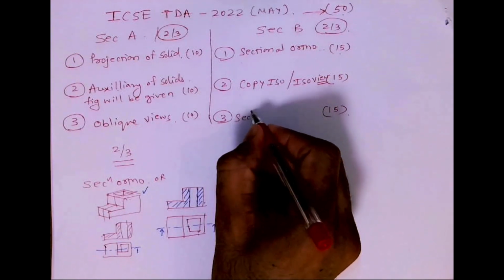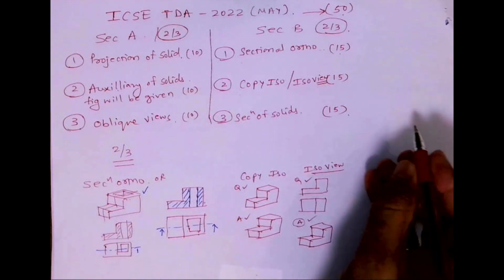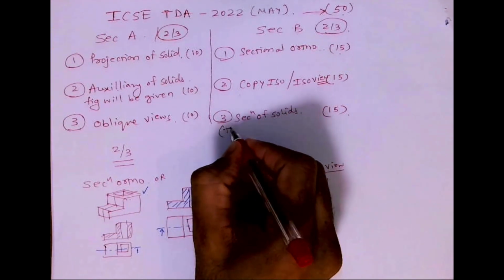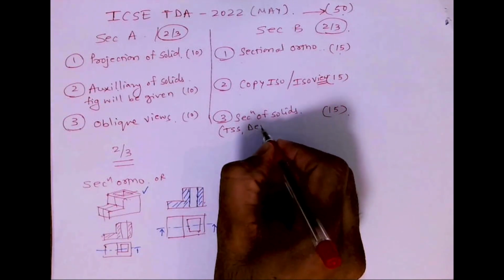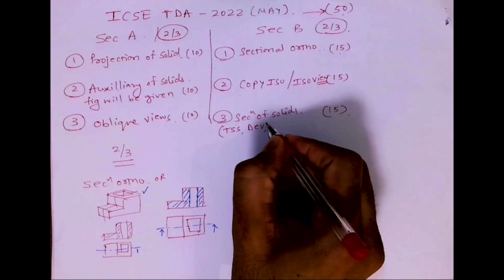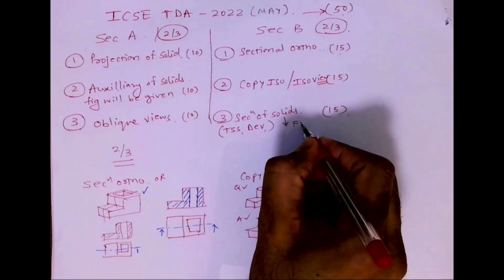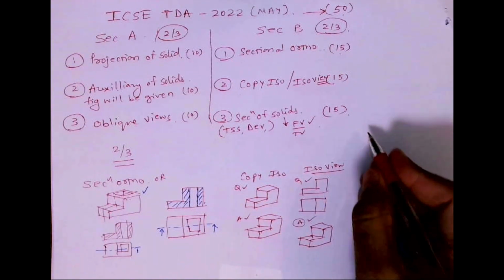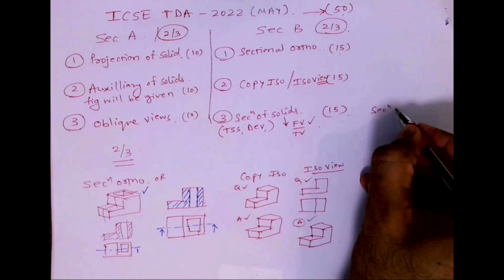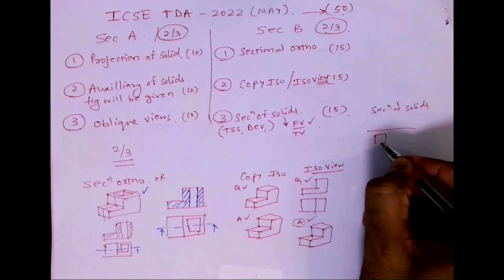And the last one is section of solids. In this, they will ask you to do TSS, development. Generally they will give you front view and top view. In section of solids, they'll give you 2 views.